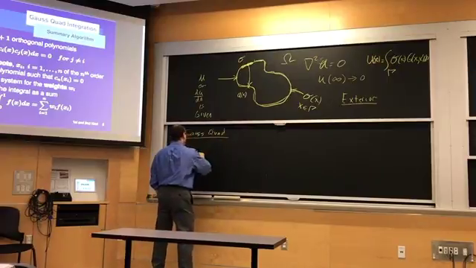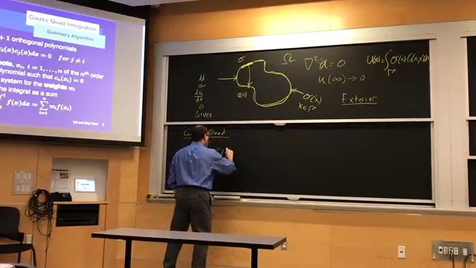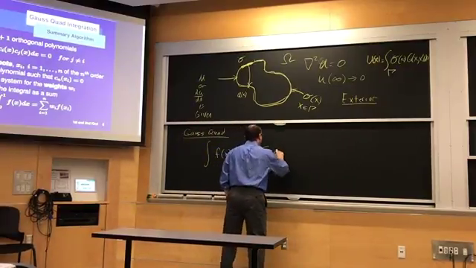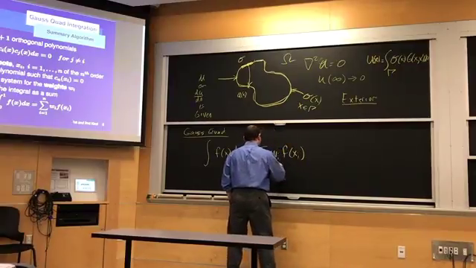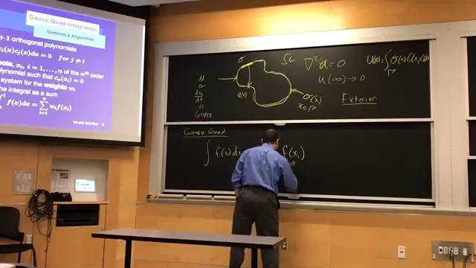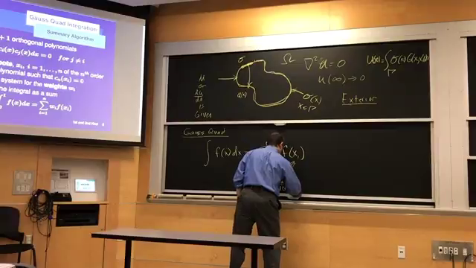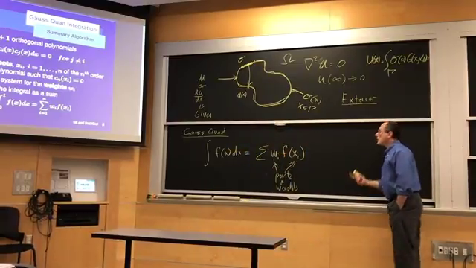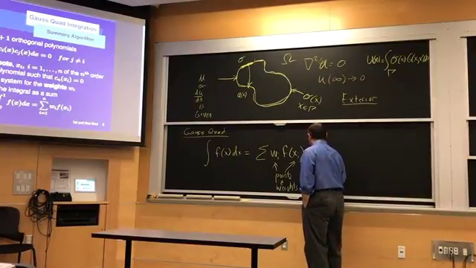What Gauss quadrature says is, if I want to know the integral of some function of x integrated over dx, I'm going to represent it as a sum of weights and points. We're going to figure out the points and weights by matching higher order polynomials.